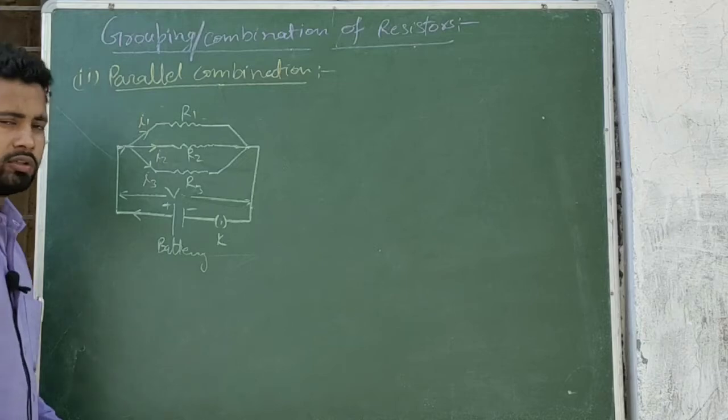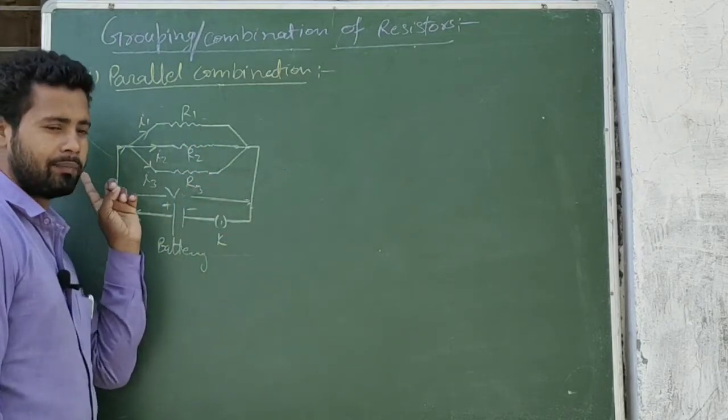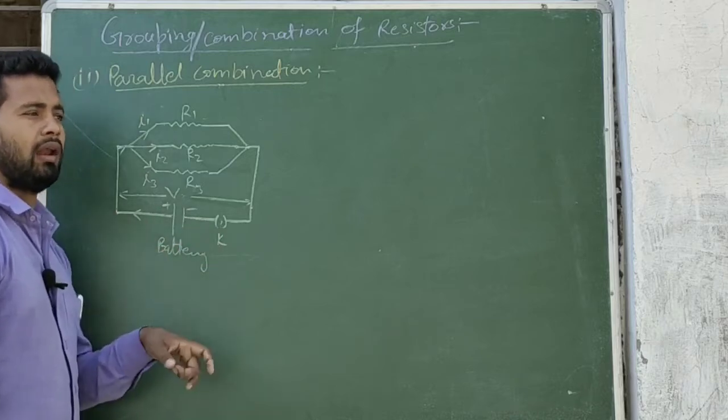Suppose three resistors of resistances R1, R2 and R3 are connected in parallel.